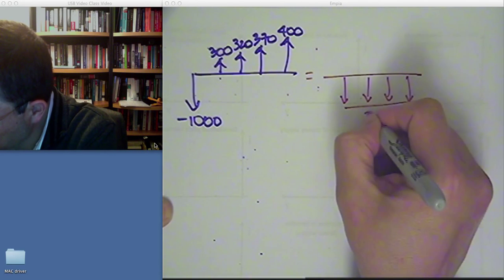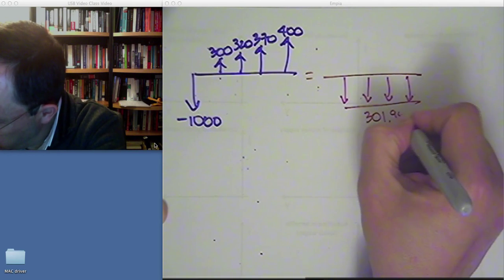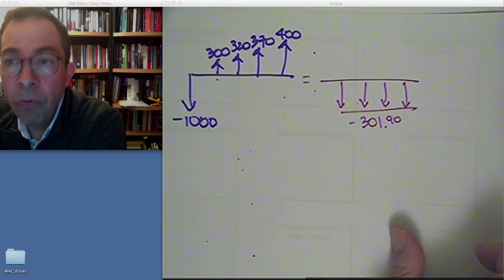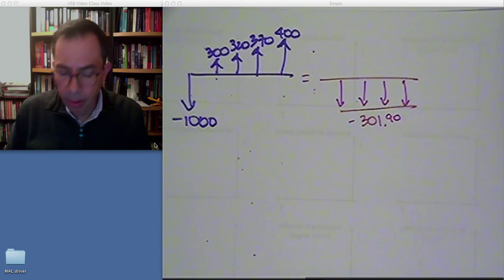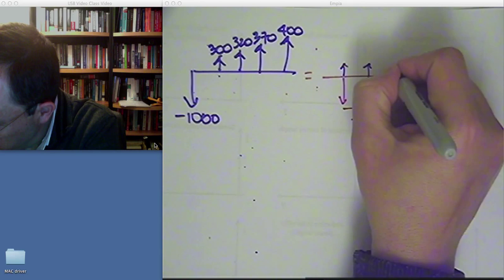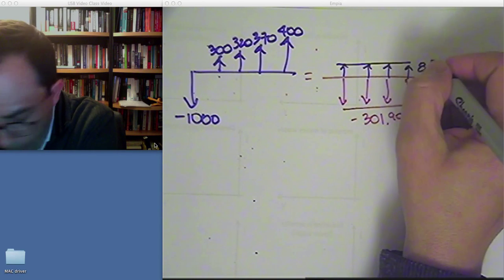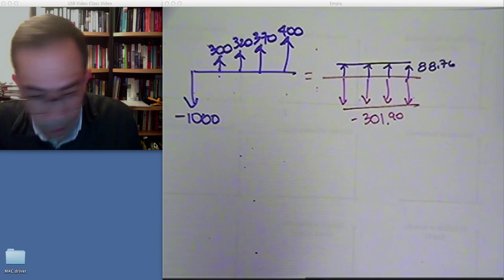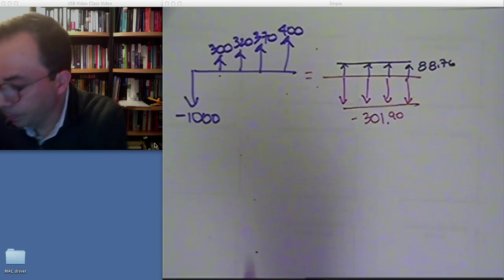Each one for 301 and 90 cents. And I have 4 positive amounts of money. The first one for 88.76. The second one for 83.86.